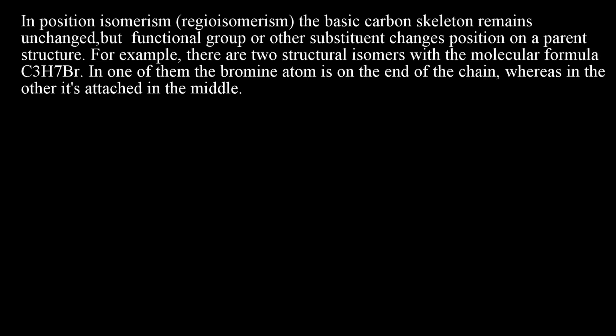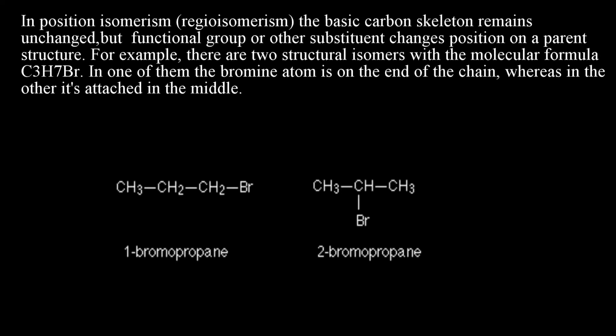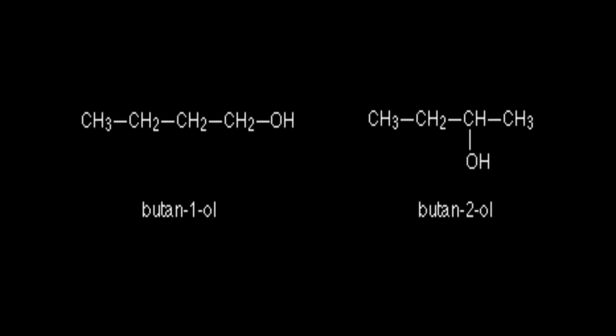For example, there are 2 structural isomers with the molecular formula C3H7Br or bromopropane. In one of them, the bromine atom is on the end of the chain, whereas in the other it's attached in the middle. Another similar example occurs in the alcohol, such as C4H9OH or butyl alcohol.